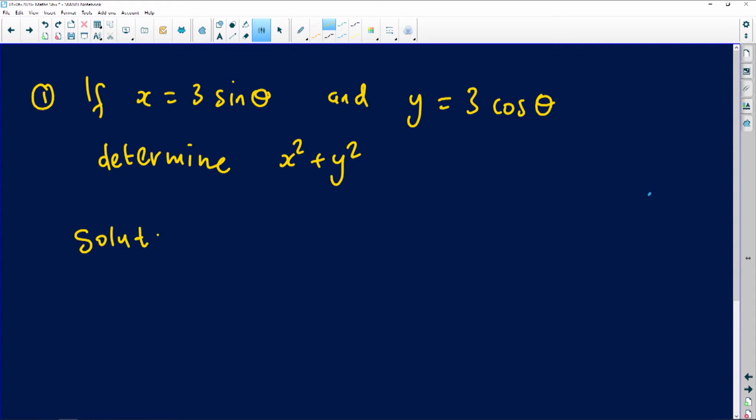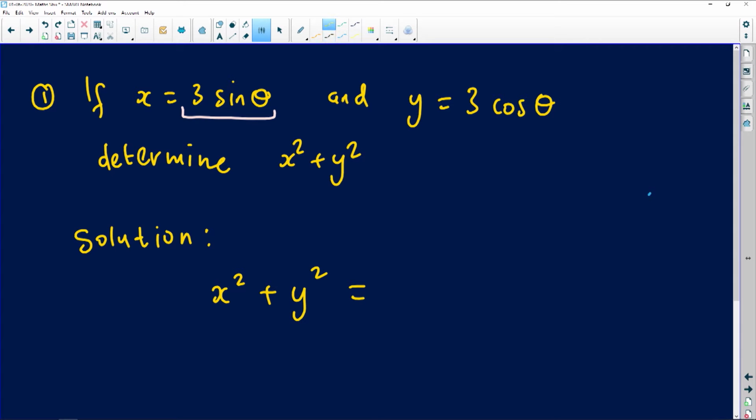Most of you might have a problem with this, but think about it. They're asking me to find the numerical value of x squared plus y squared. So what am I going to do? I'm looking for x squared plus y squared, so I ask myself a simple question. What is x? I was told that x is equal to 3 sine of theta.